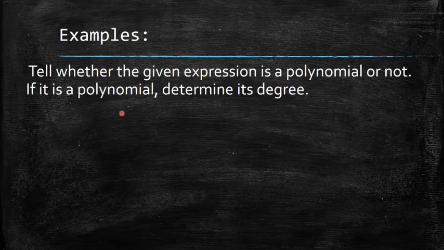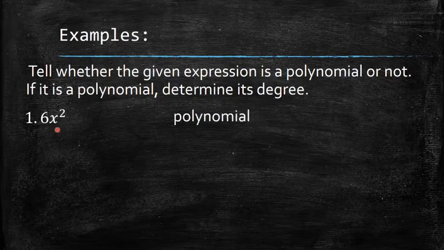Tell whether the given expression is a polynomial or not, and if it is a polynomial, determine its degree. Let's have number 1. We are given 6x squared. Is it a polynomial or not? It is a polynomial because the exponent of the variable is a whole number.